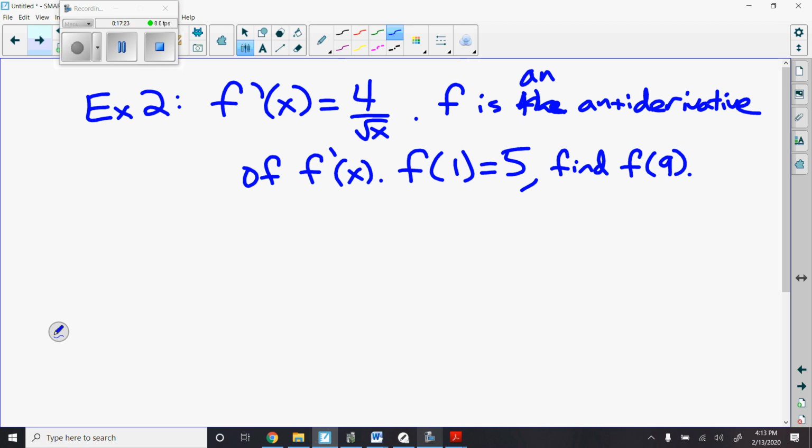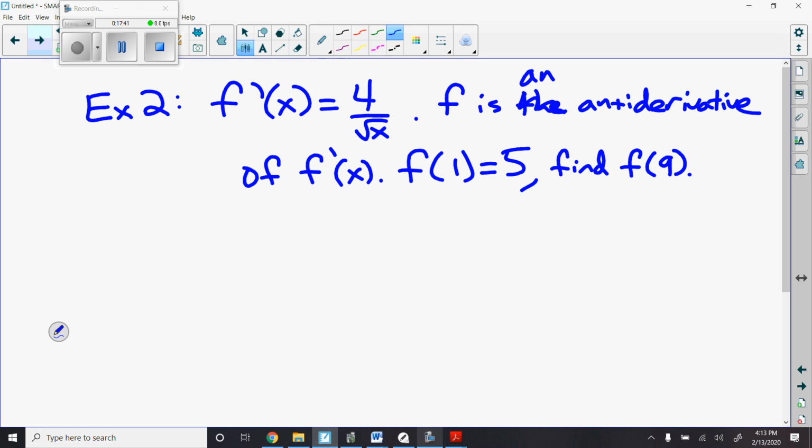And I have a function that I'm going to integrate. That function will be 4 over root x. And doing so from 1 to 9, doing that integral from 1 to 9, will give us the value of f of 9 once we add that 5 to it.